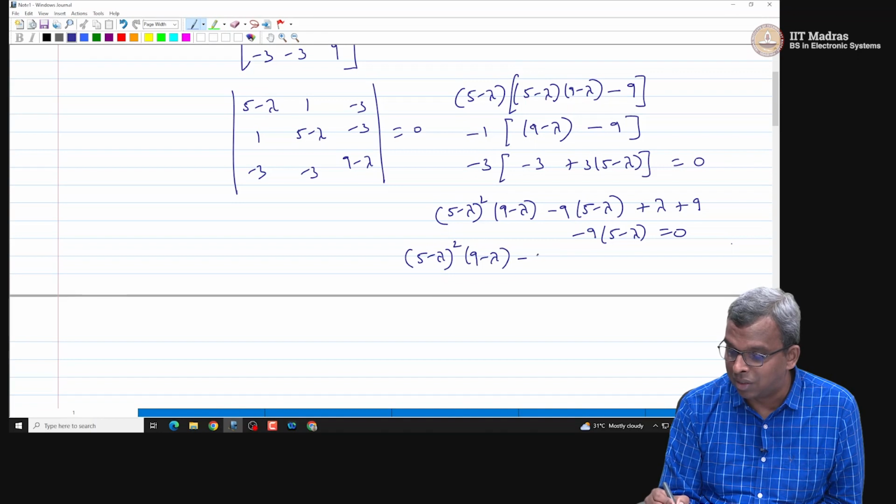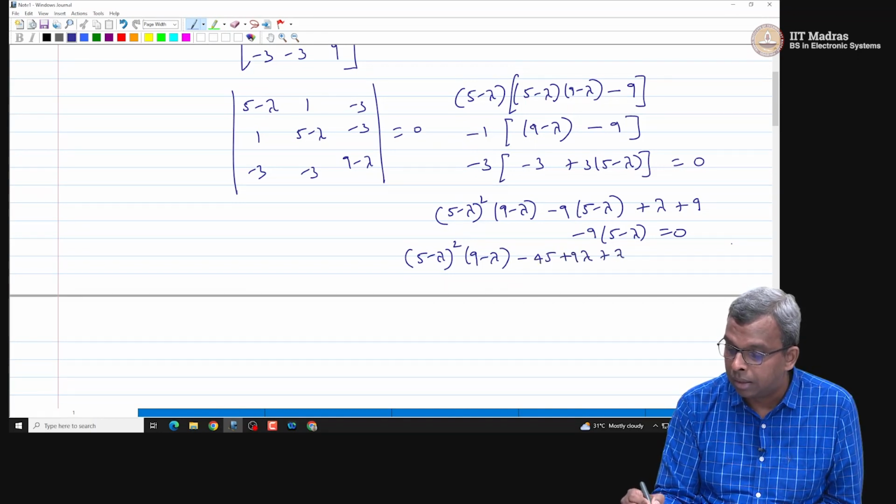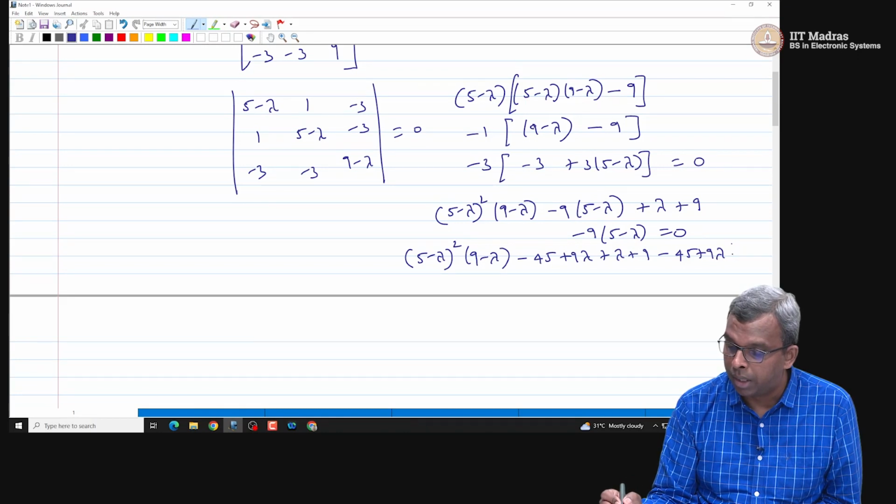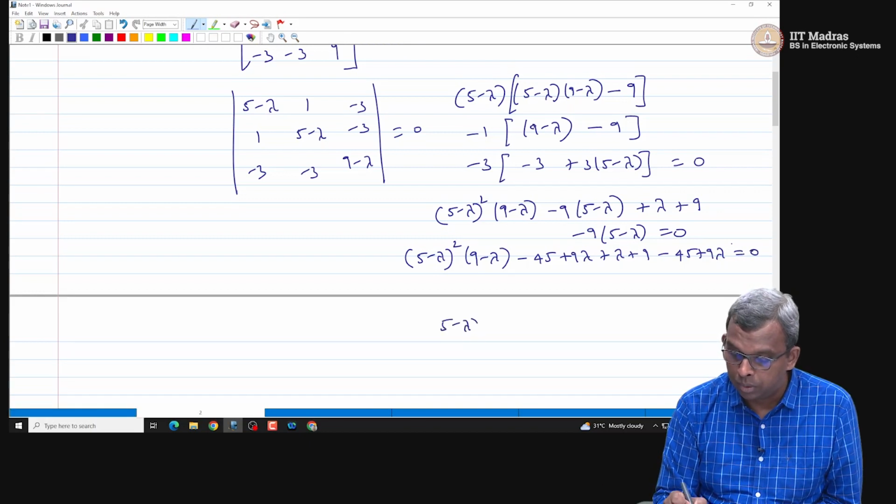So we'll just do it in a dumb way. I think you can do it a bit smartly if you like. Plus 9 minus 45 plus 9 lambda, right? So you get here, equal to 0. So I'm just writing it down. I hope this works out.